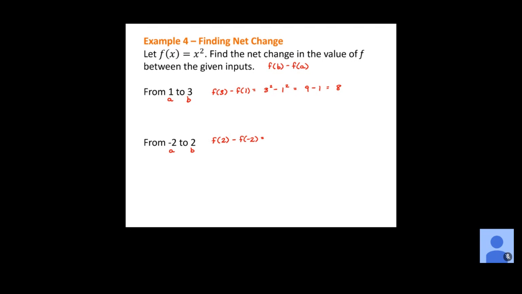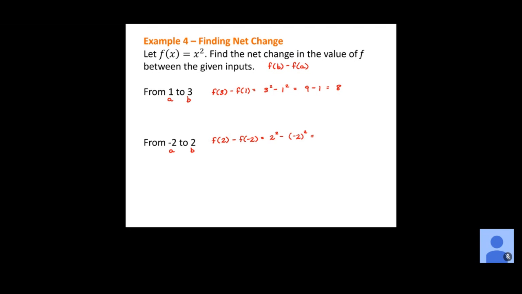Still using that same function, right? So I'm going to substitute those values into my function. That should give us 2 squared minus, again, make sure the -2 goes in parentheses here, -2 squared. And just like before, we're going to follow that order of operations, square both of your values.